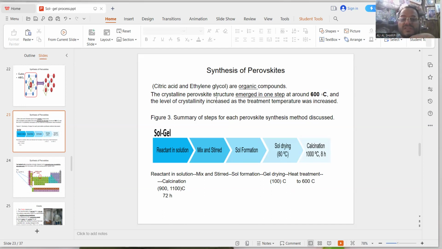And the level of crystallinity increased. It's important when the temperature increases. Why? Because at sintering temperature, recrystallization will happen to the perovskite structure.